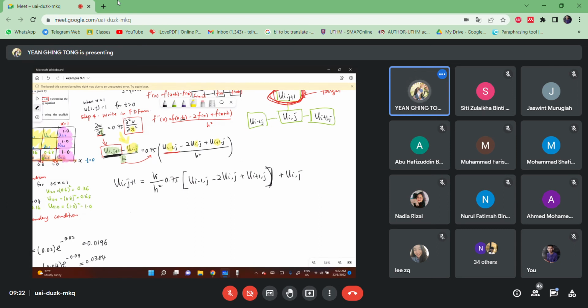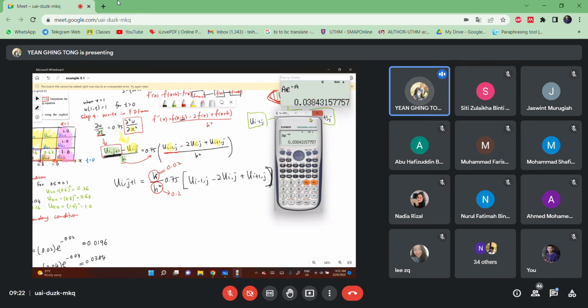Boleh. So now ganti masuk the value of k, the step size of t, and h, the step size of x. Ganti masuk. So that means this is 0.02, this is 0.2. Boleh? That means what we get. Lepas tu darab dengan 0.75.